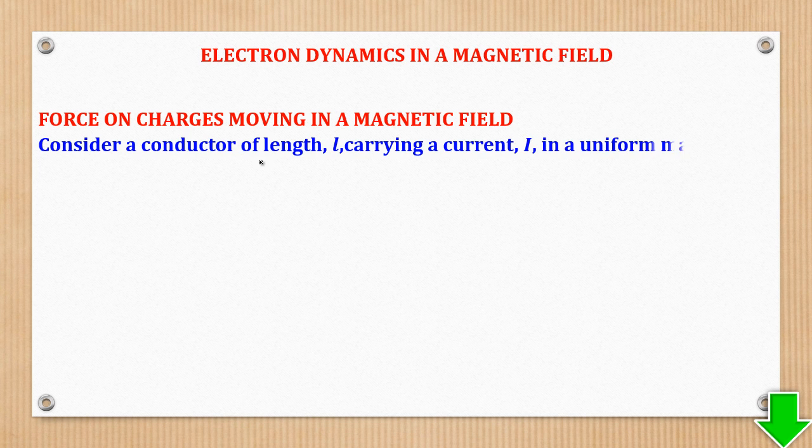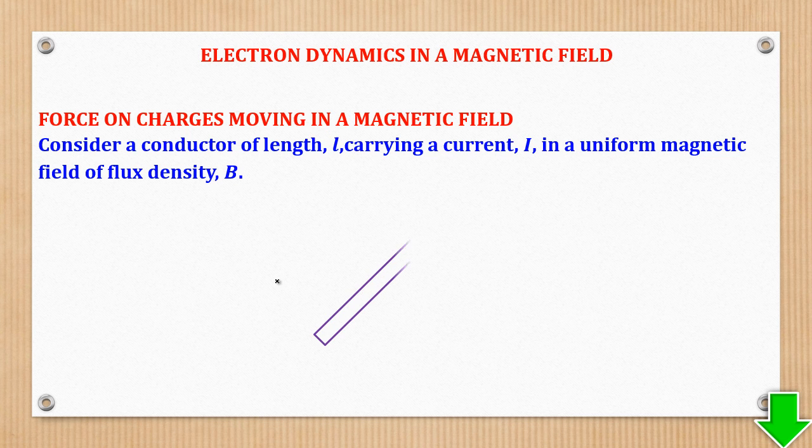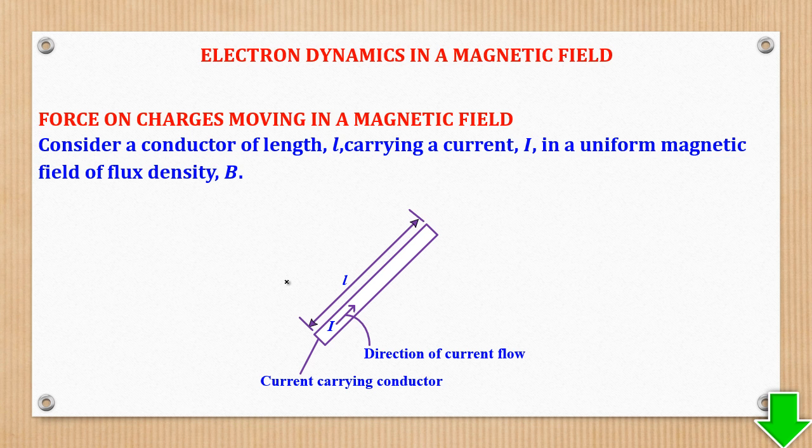So we shall consider a conductor of length L carrying a current I in a magnetic field of flux density capital B. So let's try to draw the diagram. That will be a conductor of length L. It's carrying current, so this will be the direction of the current. And we know that electrons move in a direction opposite to that of the current.